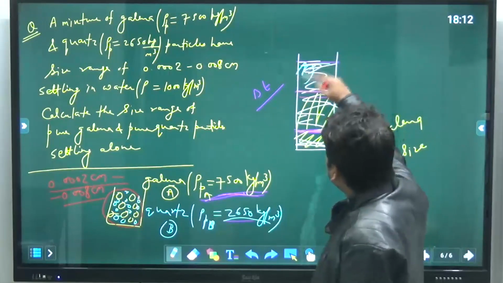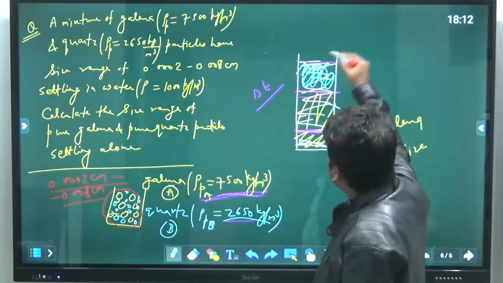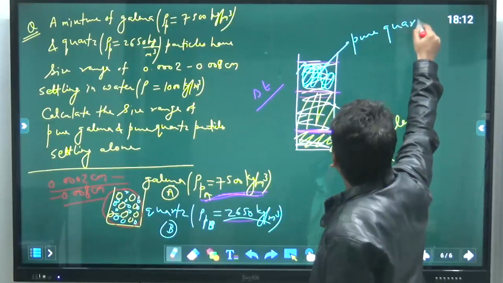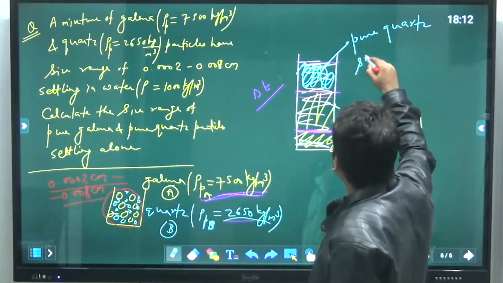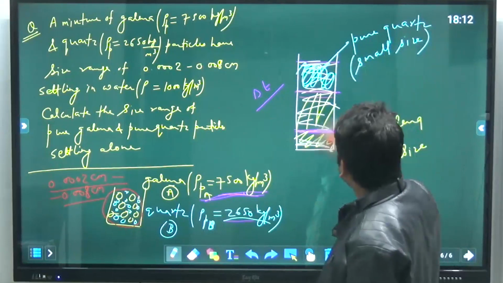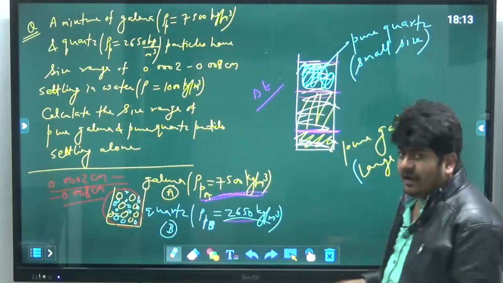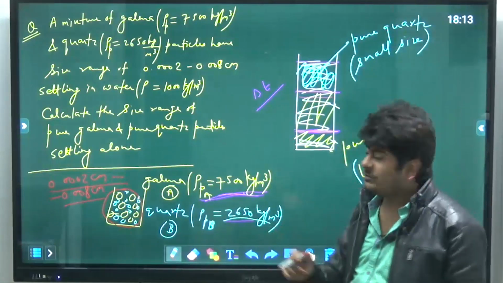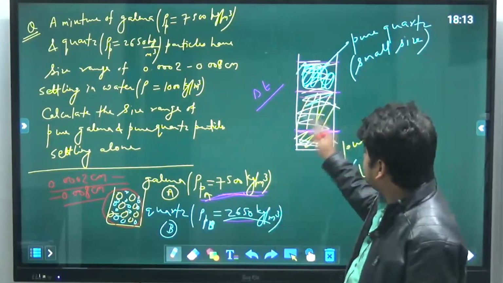So they will be in this region. So here we can assume to have pure quartz. That is the small size. And the large size quartz particle will have relatively higher settling velocity, so they will go in this region.